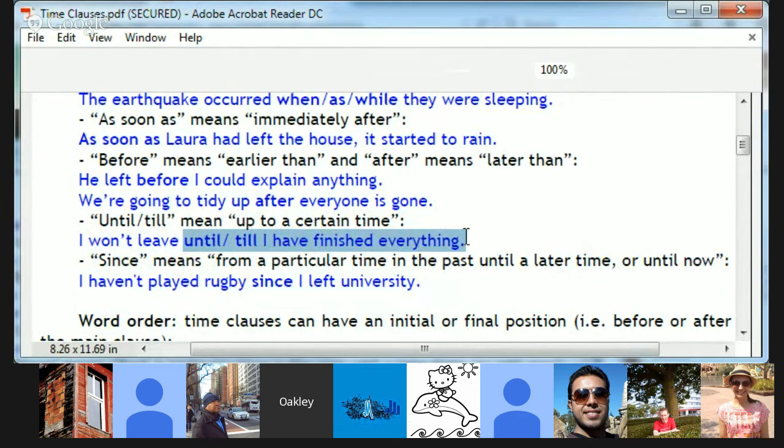Okay, until I have finished everything is our time subordinator clause, and it is present perfect. Again, we can't ever use a future tense, even though we're talking about the future. So we can use a present perfect in our subordinate clause.